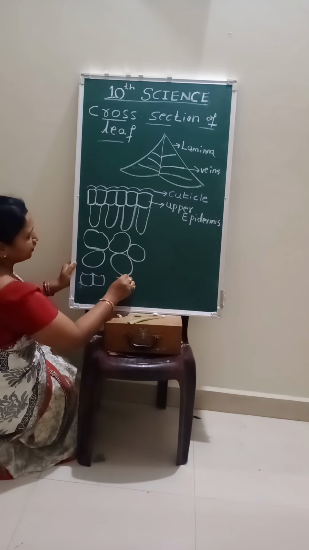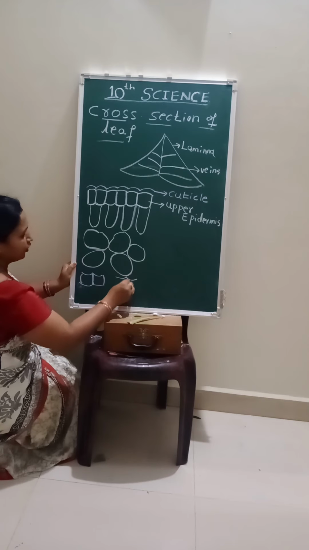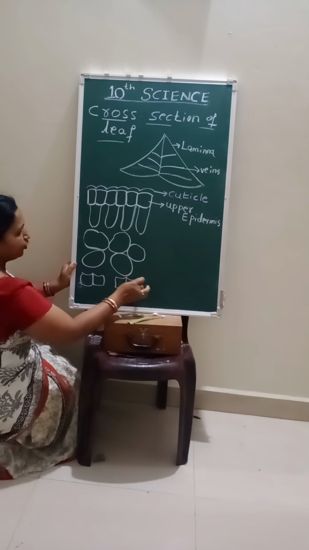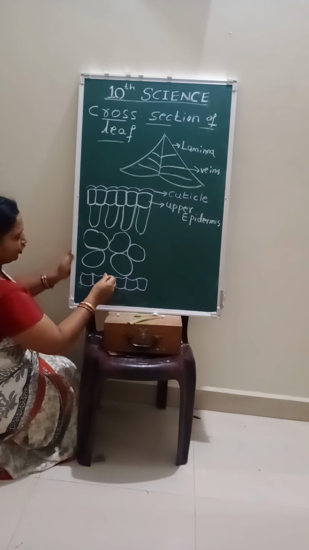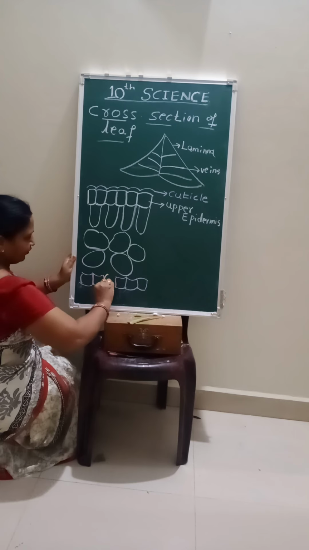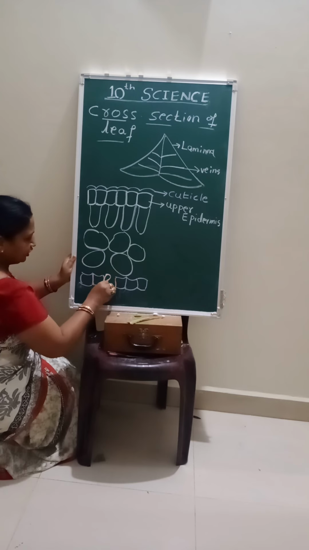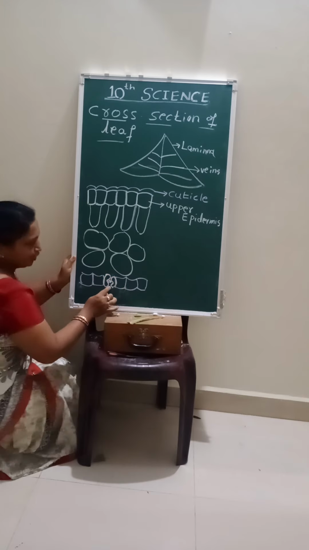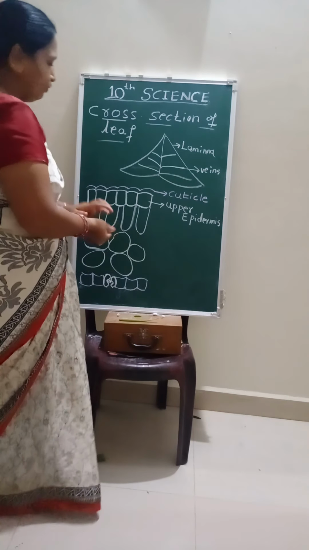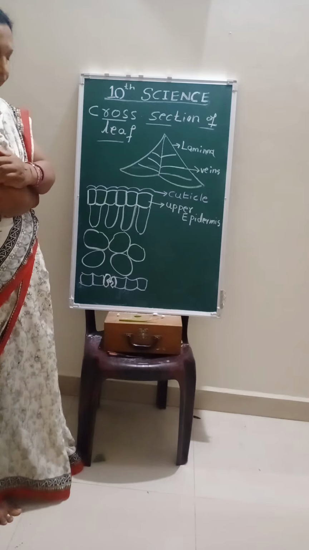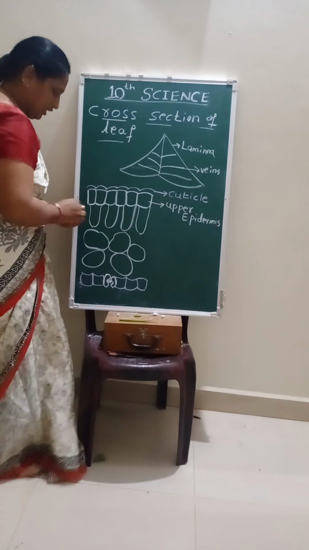I am going to leave a gap here in between because I am drawing another diagram here, that is a very important structure, that is called the stomata. So here I am drawing a bean-like structure. These are the 2 guard cells here, and this is called the stomata. So it is there in the lower epidermis. Not only one, there are many stomata here.